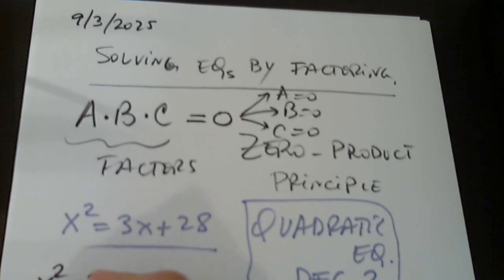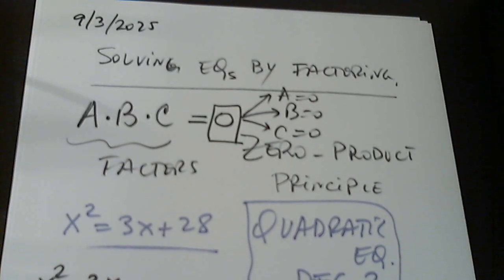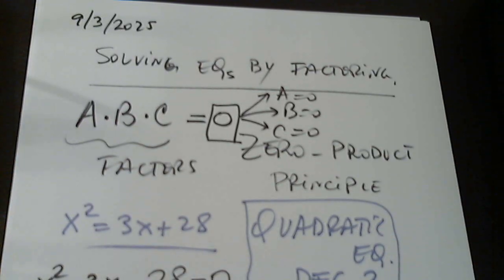Yes, x squared minus 3x equals 28. I want 0. I will not stop till I get 0. Minus 28. Good. And what is left on the other side now? 0. Exactly. There is nothing else.